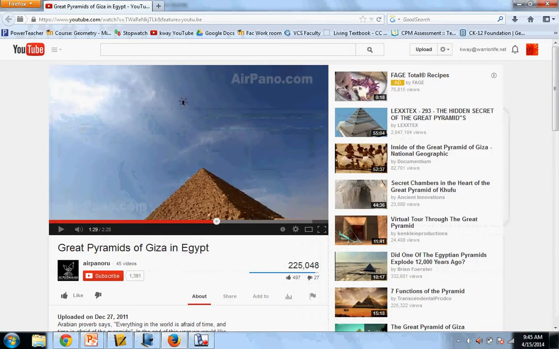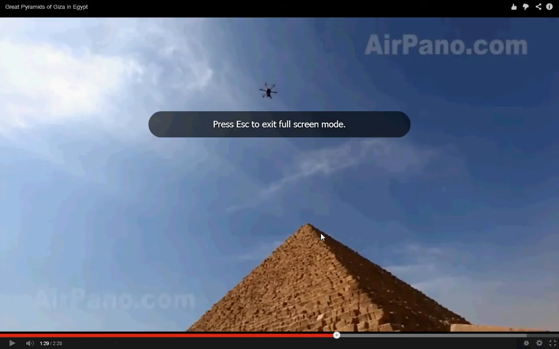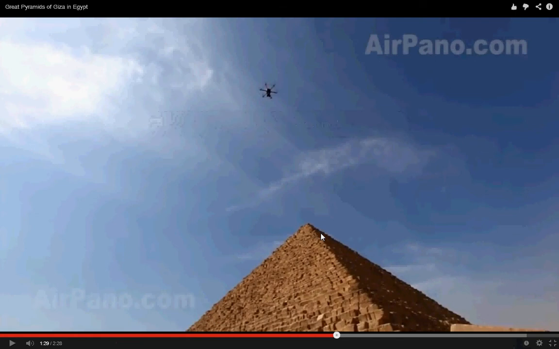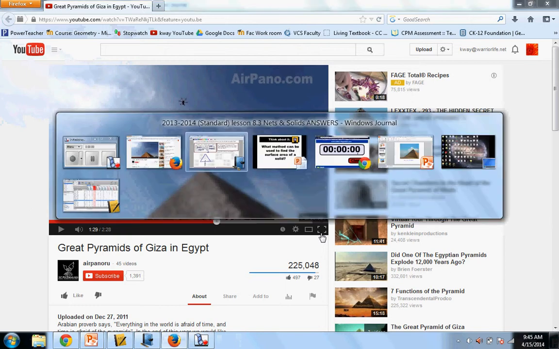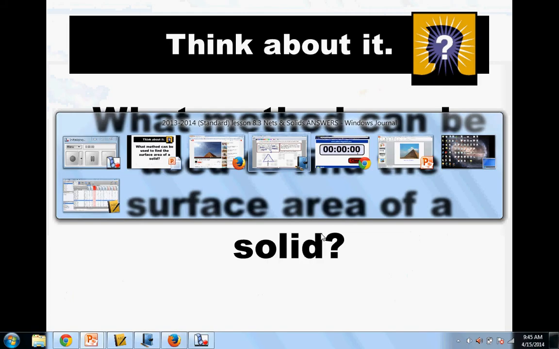Imagine you are that hovercraft camera, directly over the apex of the pyramid, looking downward. Draw what would be seen. You're that hovercraft there, looking directly down at the apex. Draw what you would see.